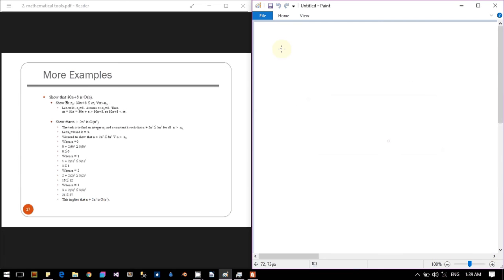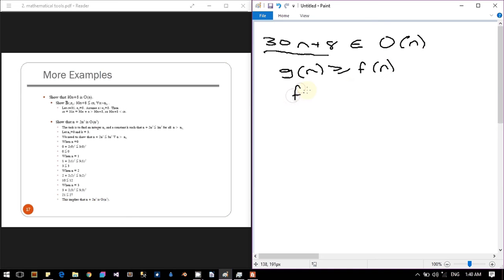It said we should prove that 30n plus 8 is of order n. What they are just trying to say is that this will be our f of n. That means there's a g of n that is bigger than f of n, or there's an f of n smaller than g of n.